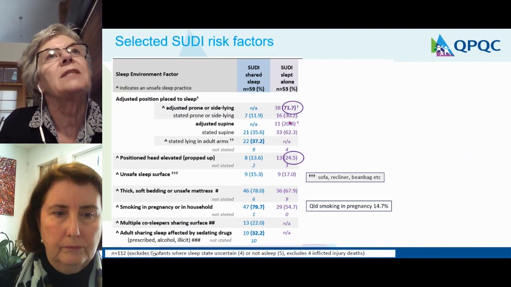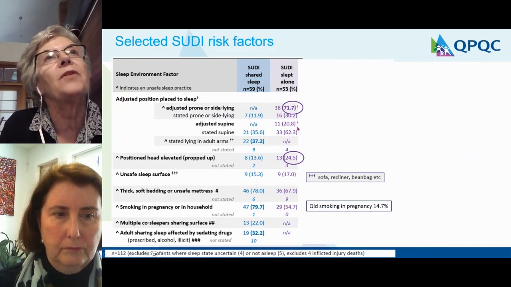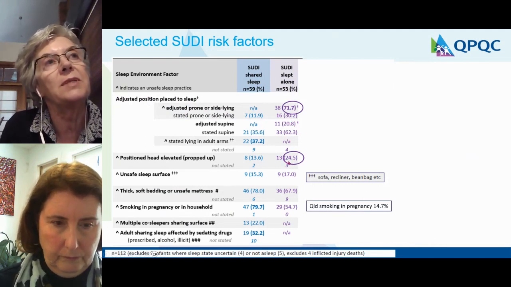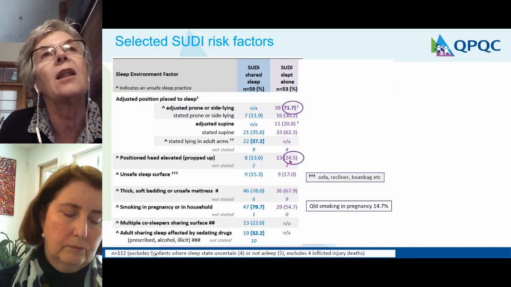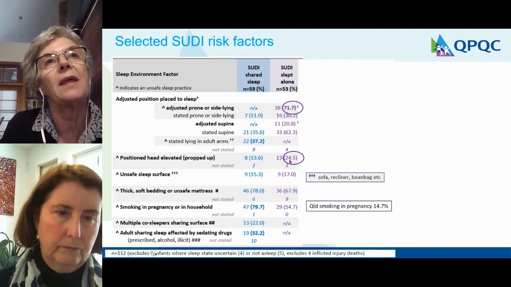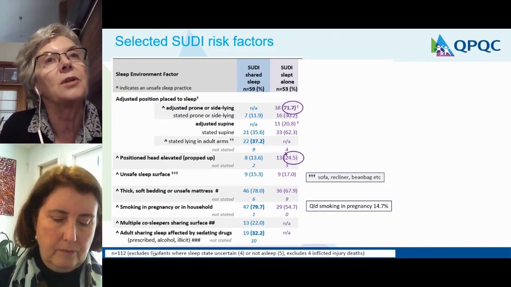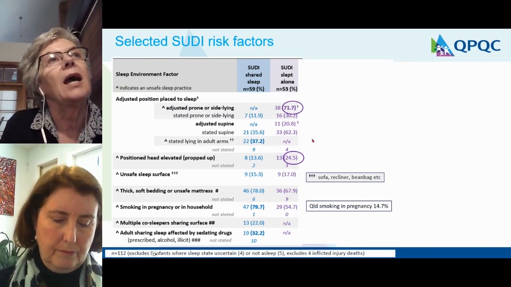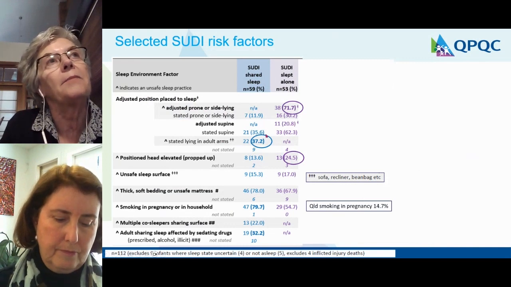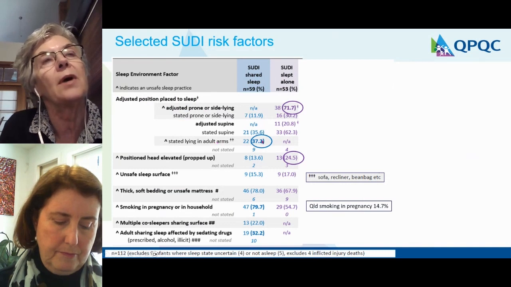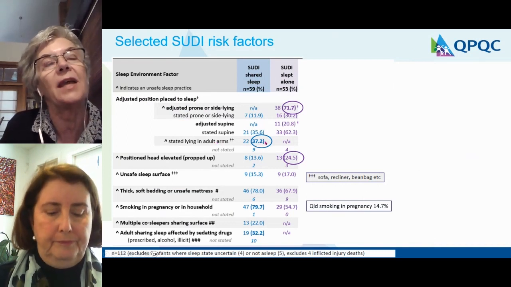So another unsafe sleep position for the SUDI who slept alone was being positioned head up or propped or on an incline, with nearly a quarter of them in that position. And Diane mentioned further while we're so concerned about that as a sleeping position. Another unsafe position in the shared sleeping was the infant sleeping in the adult's arms and then the adult falling asleep.